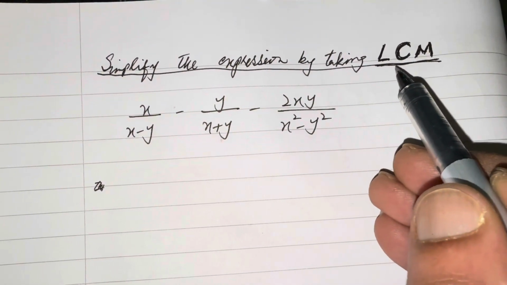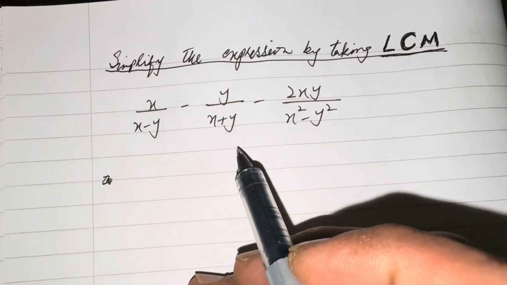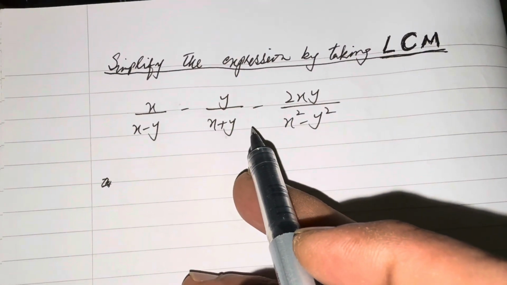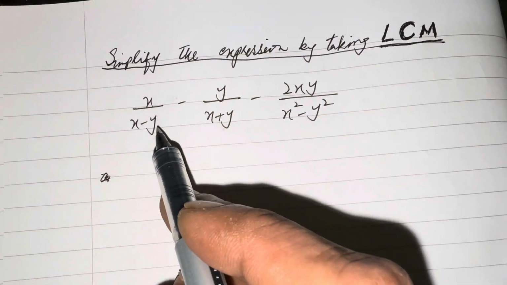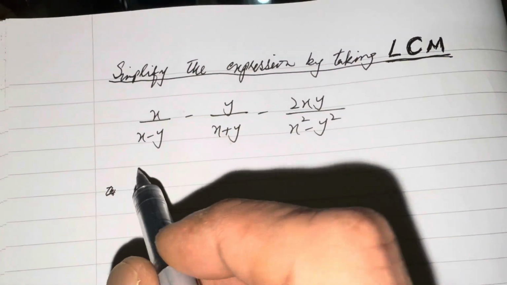So we first have to find the least common multiple that can divide all these denominators, and then how to simplify these expressions. So we are going to learn in today's lecture.